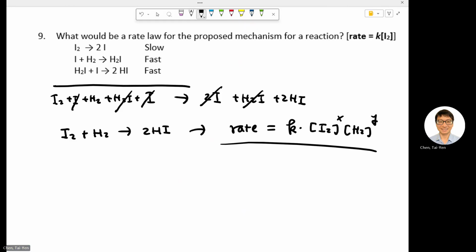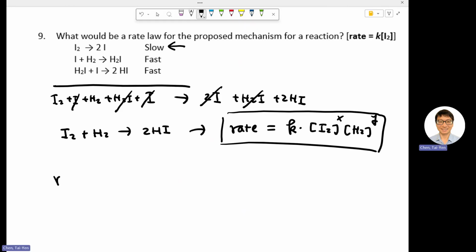Once you have these things in mind, the next thing is to go to the slow step and write out the rate law directly based on the elementary step. That is your slow step.